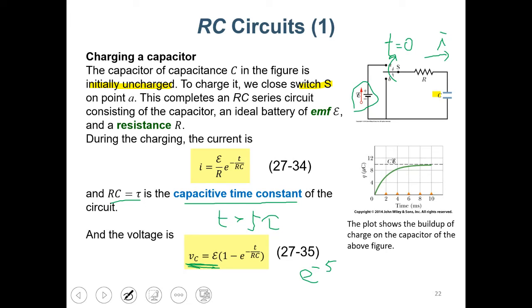And then we will assume VC is approximately equal to E in an engineering sense.